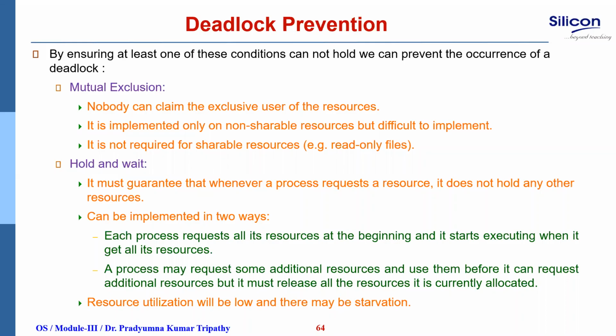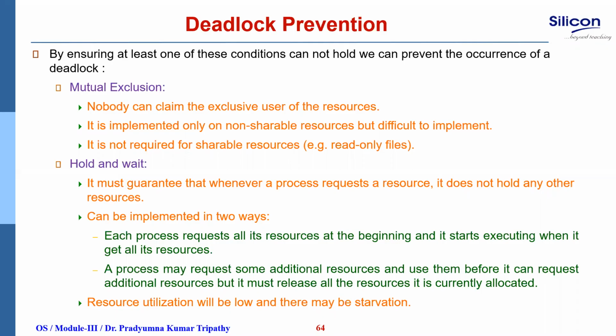Another way is that a process may request some additional resources and use them, but before it can request additional resources, it must release all the resources it is currently allocated. First one, to avoid the hold and wait, we make a rule that whenever a process starts, it must acquire all the resources, then only it will start.